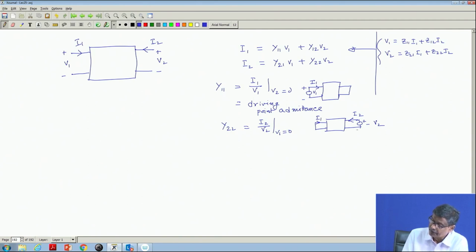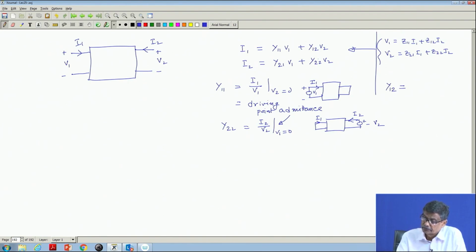Then in this experiment you take the ratio of I2 by V2. So this is also the driving point admittance of the output port. So Y11 and Y22 are the driving point admittances with respect to port 1 and port 2 respectively. And obviously, these are transfer admittances.